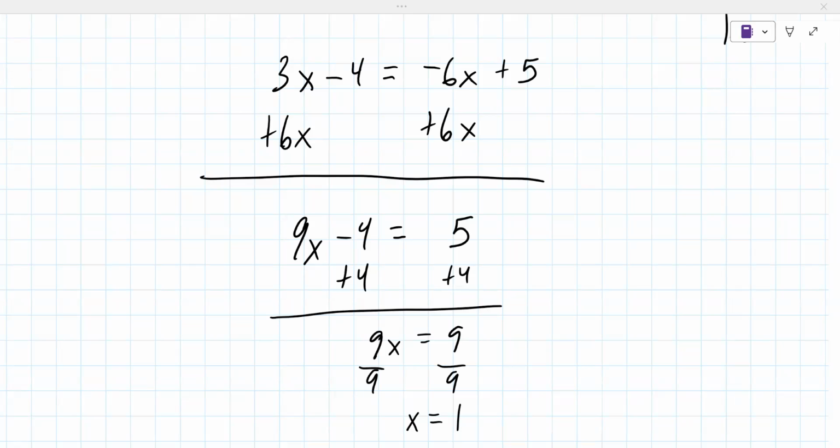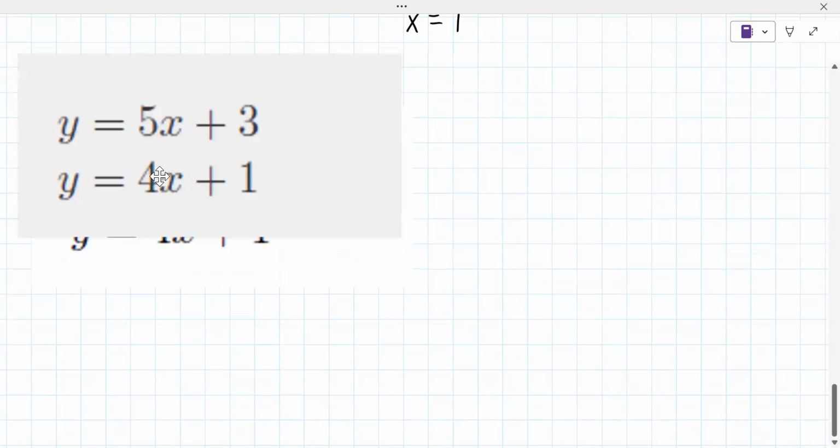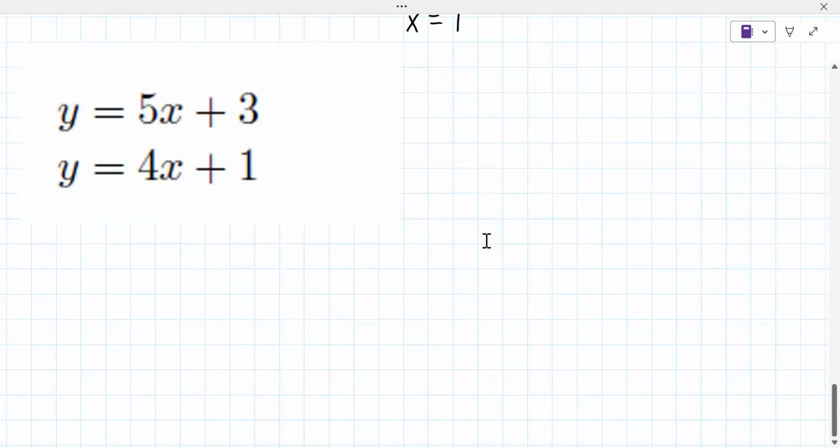So let's try another one here. Let's look at another one here. y equals 5x plus 3 equals 4x plus 1.